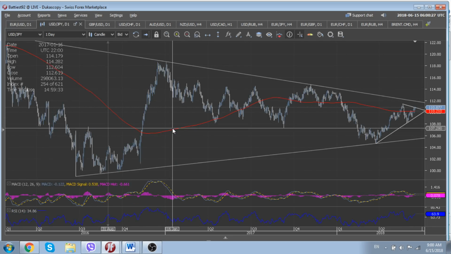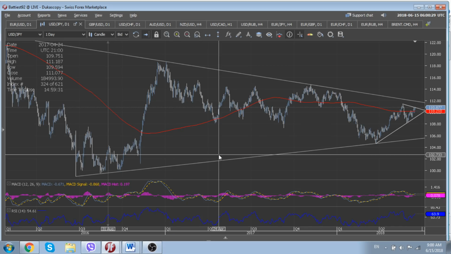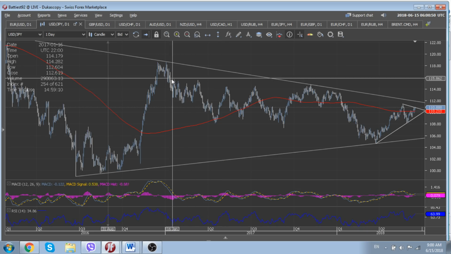The same situation applies for the other major currencies, where the dollar is still on the uptrend. And here the situation, for example in the dollar yen, is also very favorable for a further move to the north of this currency.